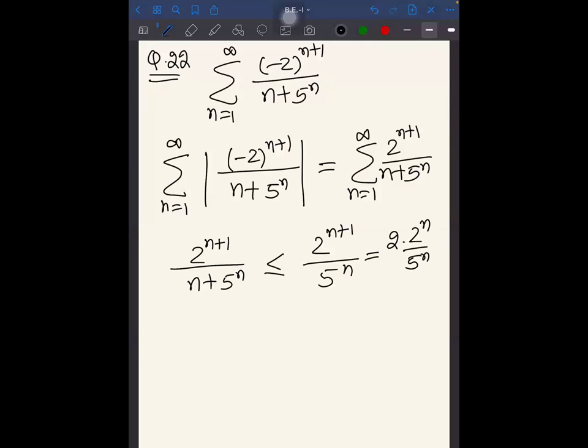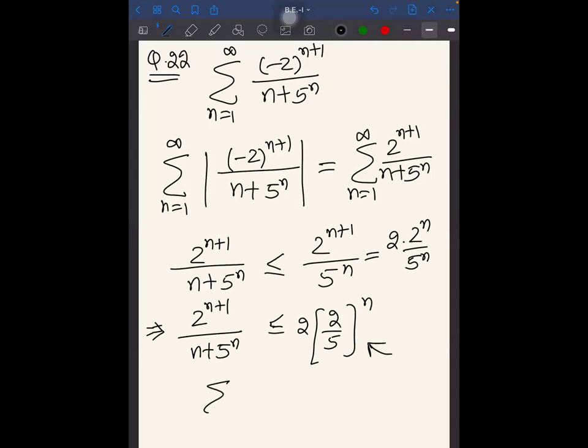So 2 by 5 to the power n will become a GP. It will become a GP. So this series will be convergent by comparison test. This is convergent. So this will also be convergent.